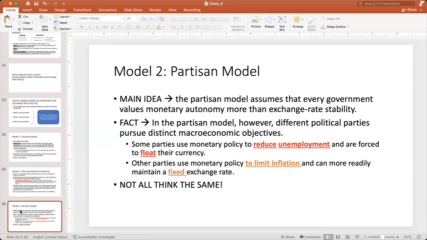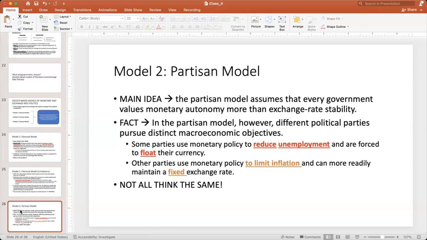Why? Because for this partisan model, not all think the same. Some parties use monetary policies to reduce unemployment and in that way to get the floating exchange rate.